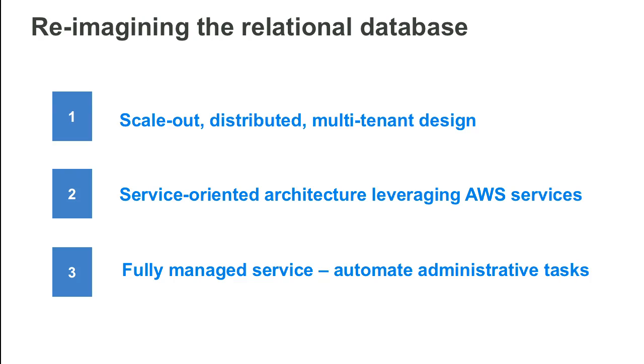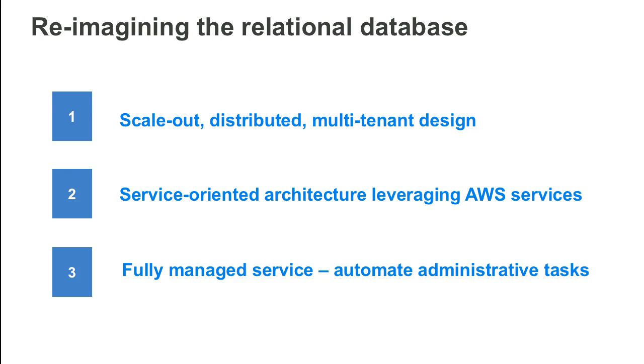So there are three pillars of what I like to talk about when we reimagine the database for the cloud. The first is a scale-out distributed multi-tenant design point. The second is about a service-oriented architecture. Today people talk a lot about microservices versus monolithic implementations. Mostly they talk about it in the application layer, but we are heavily leveraging this idea of independent services that can be managed and deployed separately.